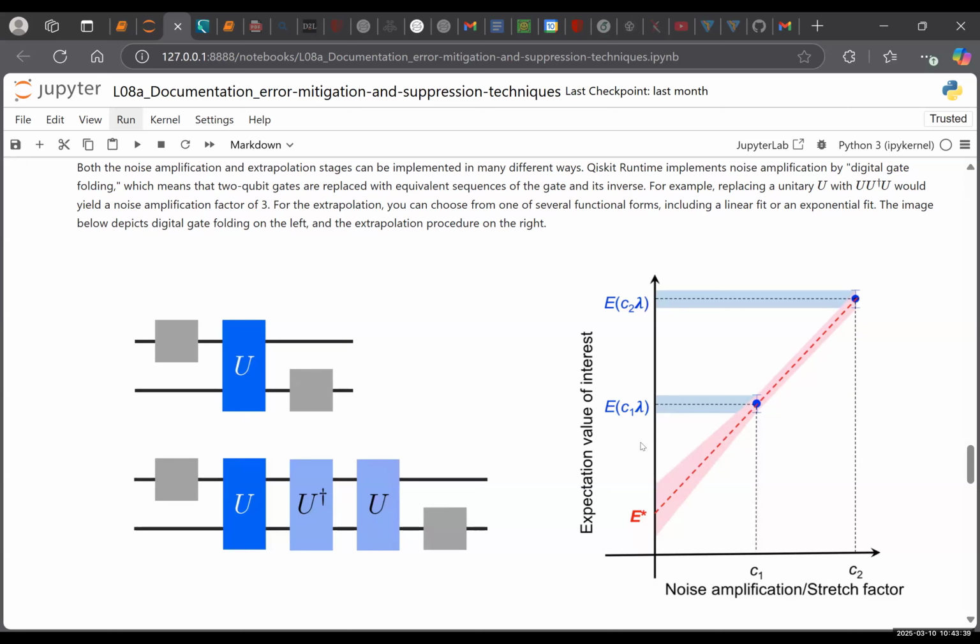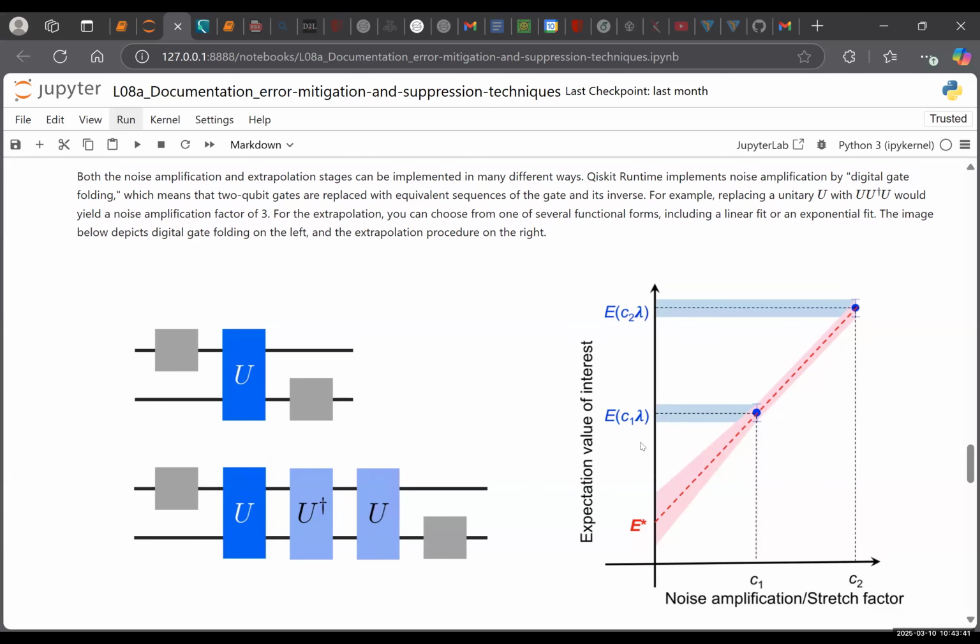But for us, the users who are not directly controlling the pulse, it would be easier just to do the mitigation by the gate as a whole. So you apply the gate and apply the inverse.